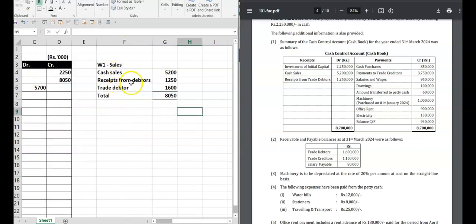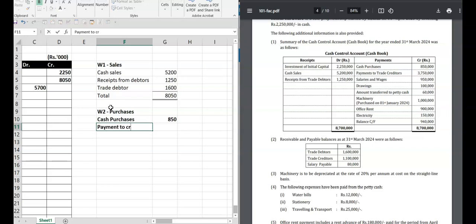Then in a similar way, you have to find out working number 2, which is purchases. With regards to purchases, you have cash purchase, that is 850, and payment to creditors, that is 375, and in the second point you have trade creditor balance.